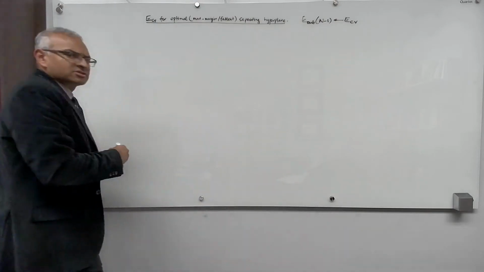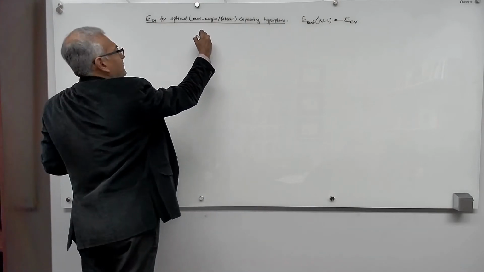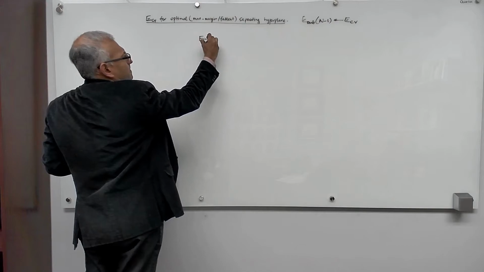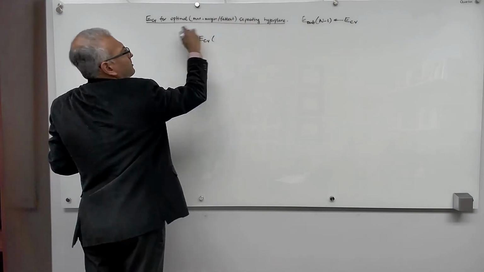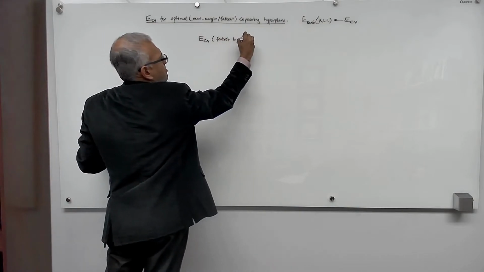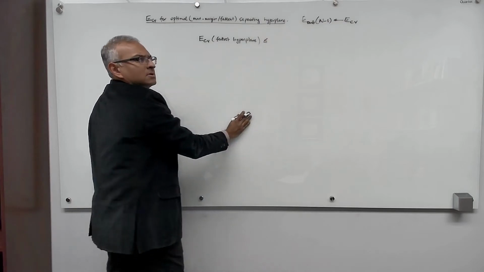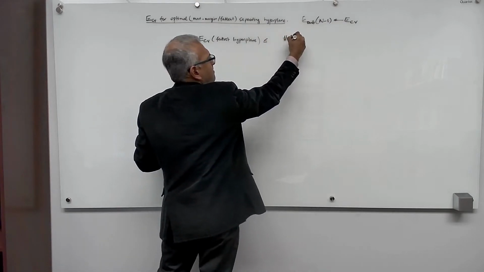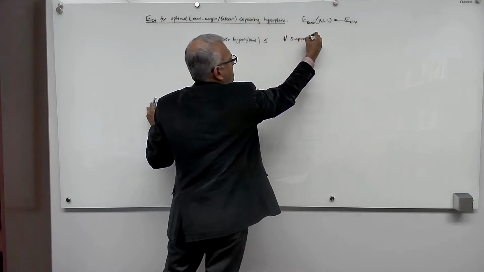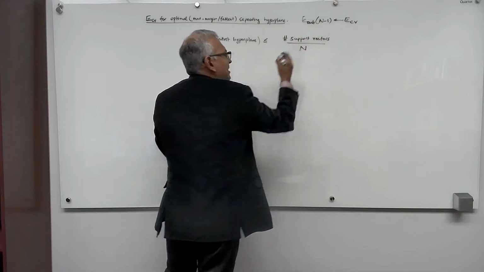So here's the result we're going to prove, and this is a pretty interesting, stunning result. Miracle of the day. The cross-validation error for the optimal hyperplane, for this fattest hyperplane that separates the data, is at most the number of support vectors divided by n, the number of data points.